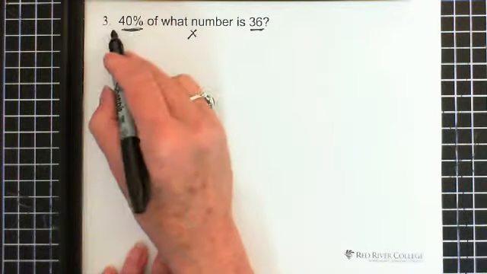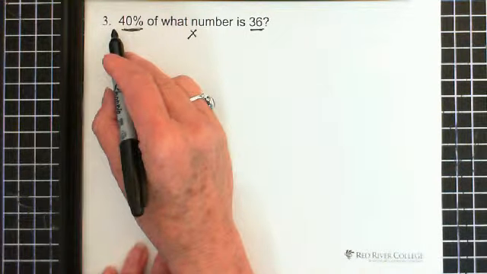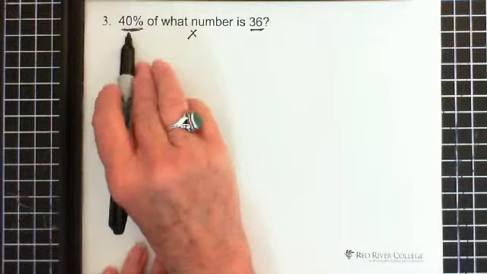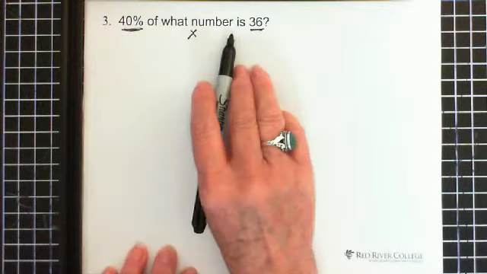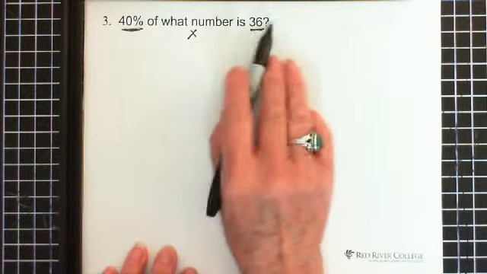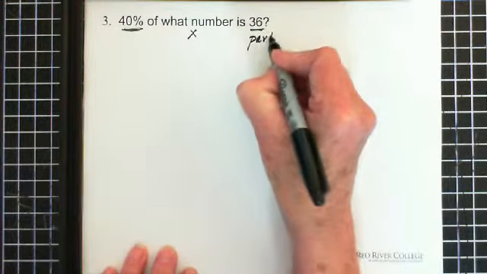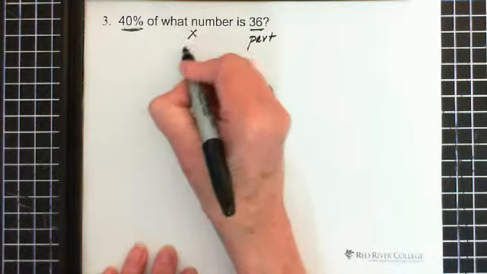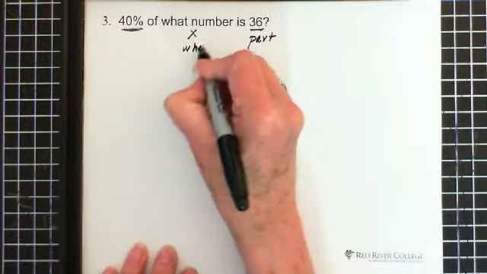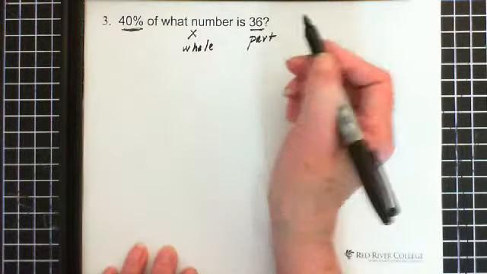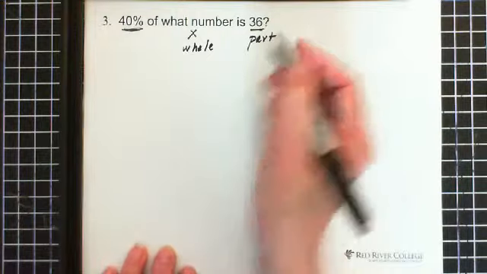Of course, the 40% has to be the part with regards to percent. And the 40% is 36, right? So this number has got to be the part. And this piece here is our whole. So our x will be our whole, the thing we're looking for.